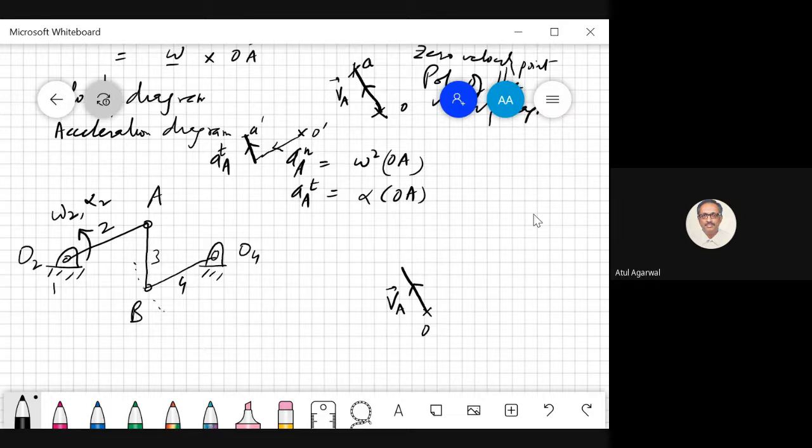But you don't know which direction. This link 4 can be going clockwise or counterclockwise. If it is going like this, the velocity will be like this. If it is going the other way around, it will be the other way around. So we don't know which direction it is. So we just draw a line perpendicular to this through point O.